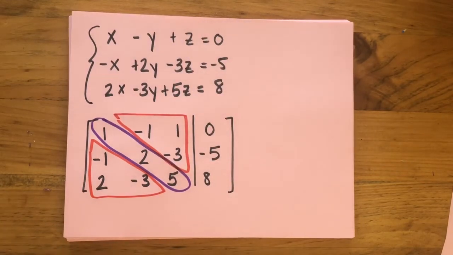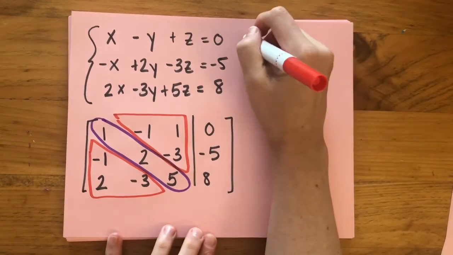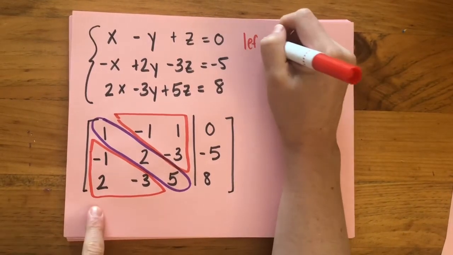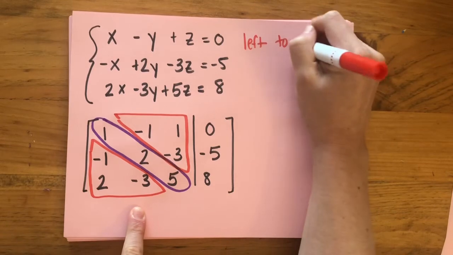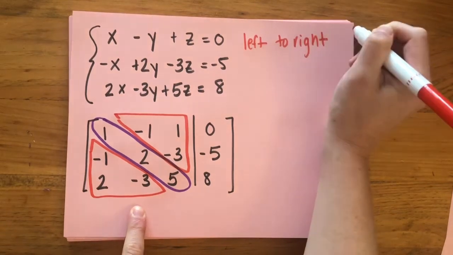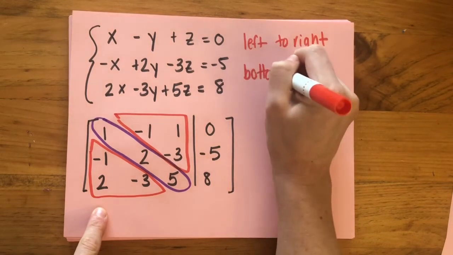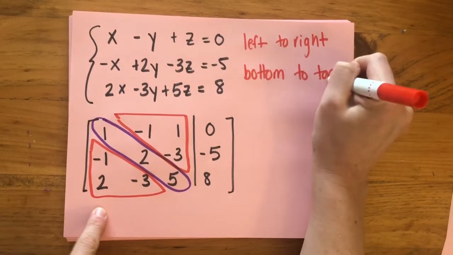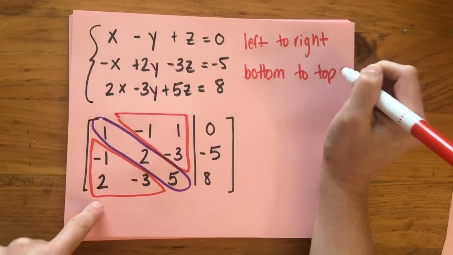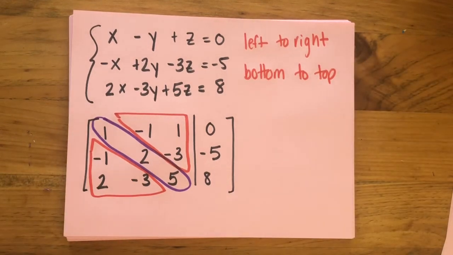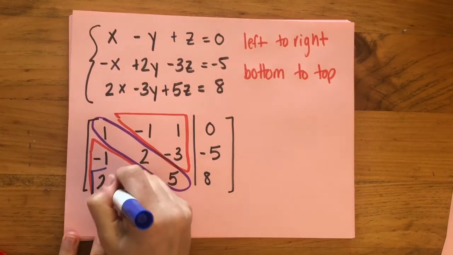To do that, we are going to use elementary row operations, and the idea is we want to work from the leftmost to right, but we also want to work bottom to top. So we want to start with the 2. So our first goal is to get a 0 in this spot.